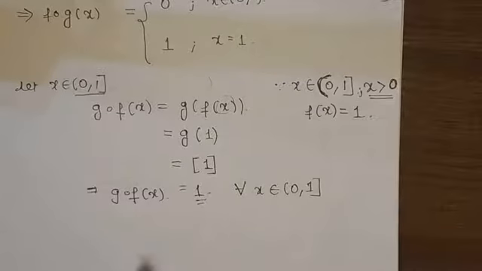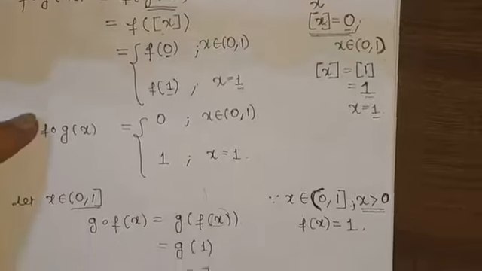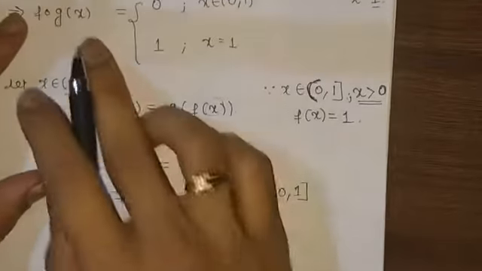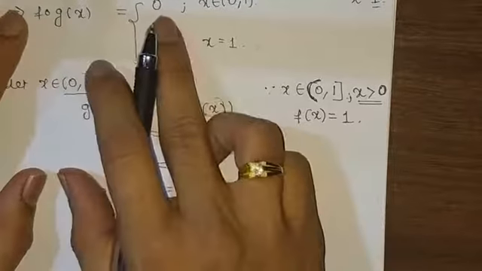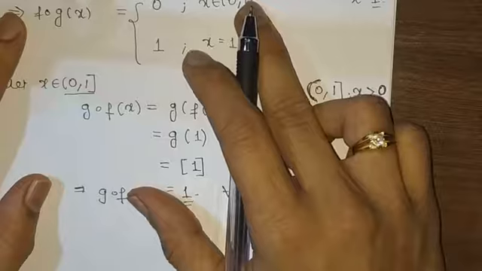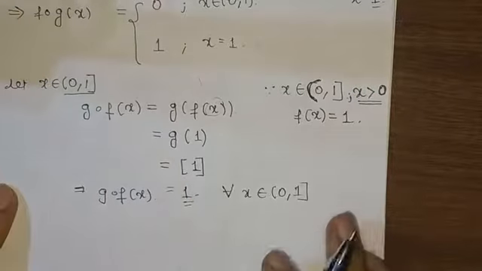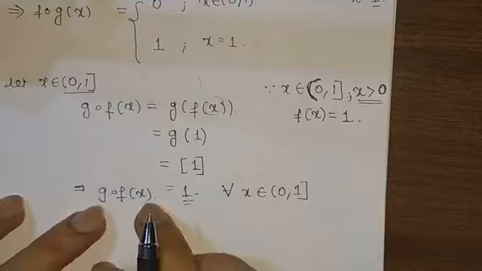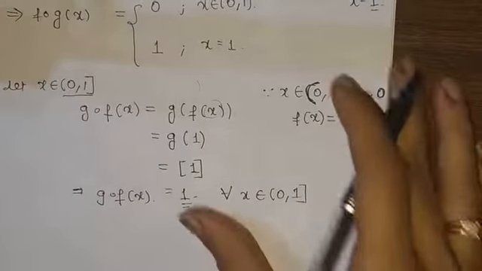So you can see that these functions are not the same. This is what: f composition g of x is 0 when x belongs to 0 comma 1, and f composition g is 1 when x is equal to 1. Now g composition f of x is 1 for all x. So that means these are different, but we have to show it, right?